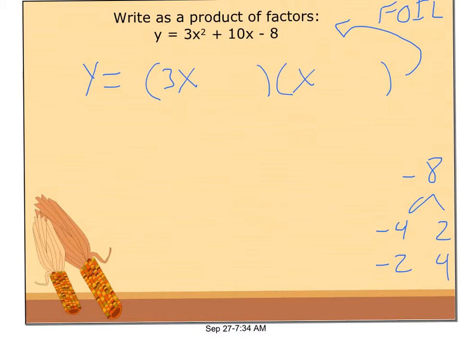And now because I'm looking at factors of negative 8, and I split up 3x squared as 3x and x, as far as the FOIL process goes, I don't have to worry about the first or the last. If I'm foiling this, I know the first is going to be 3x squared.